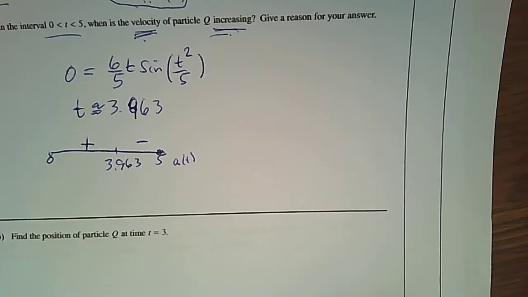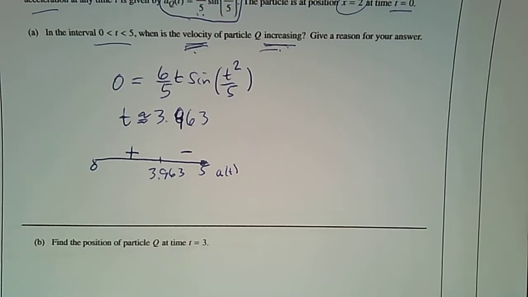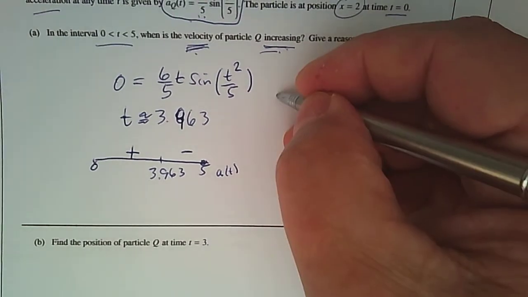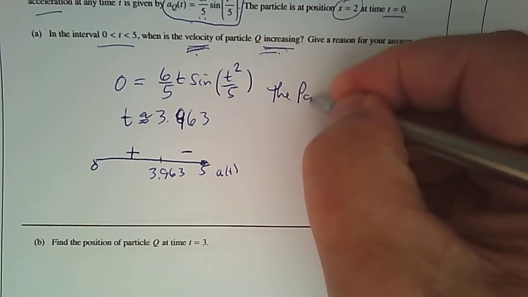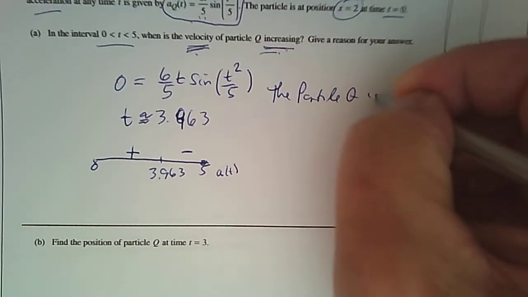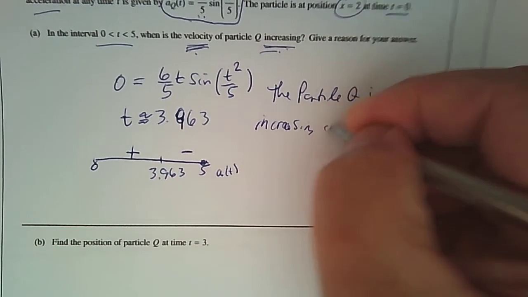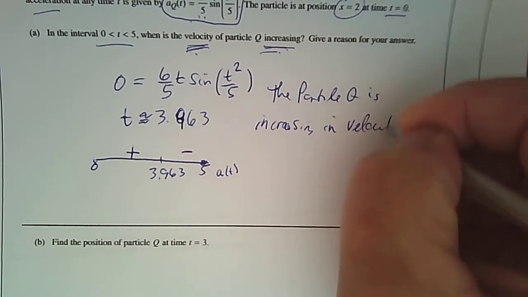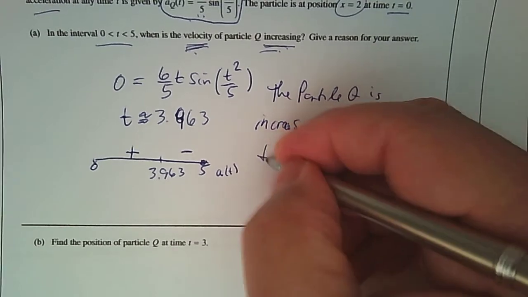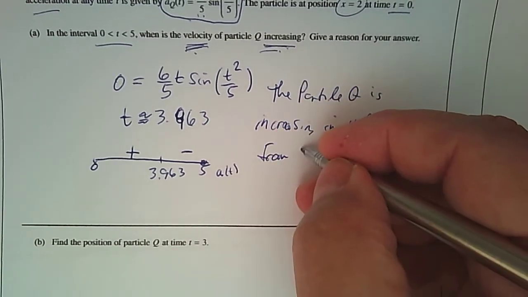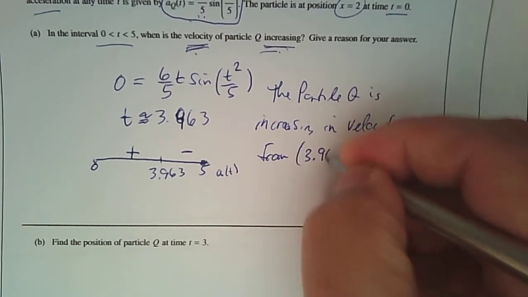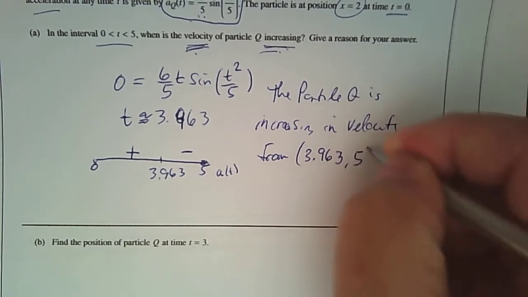So the question is, when is the velocity increasing? So the answer is particle Q is increasing in velocity from 3.963 to 5.